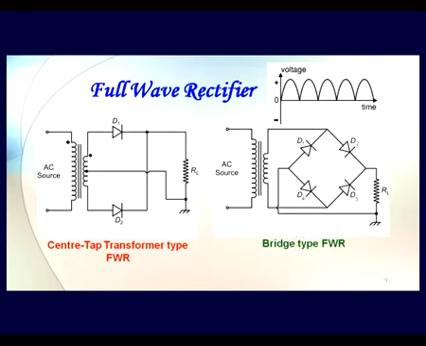Another way of doing the same thing is by using a combination of 4 diodes in a bridge form. As you are seeing here, we have D1, D2, D3 and D4. These diodes are arranged in such a way that they are going to allow us to have this kind of output of full wave rectification, and we will now in a couple of minutes see how both these circuits work.